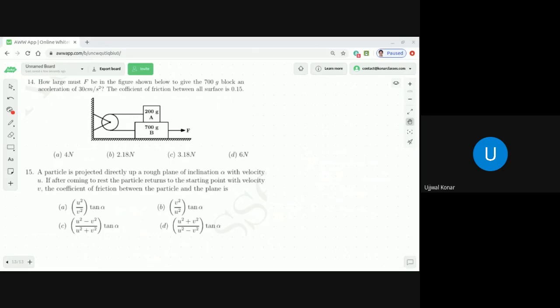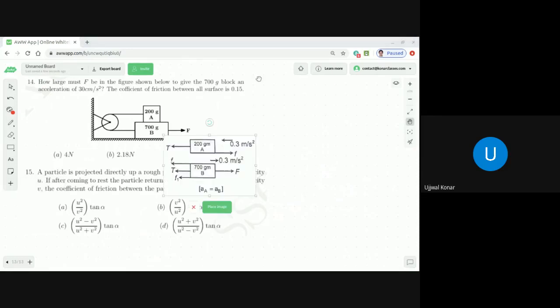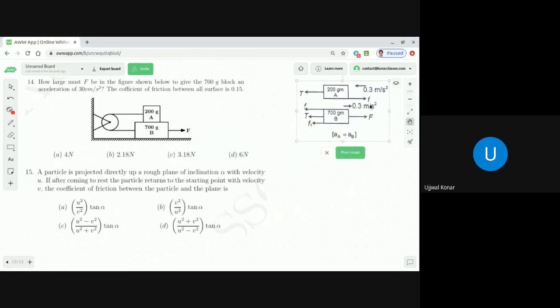So, dear Shrest, let's first draw the diagram. That will help us understand the problem better. So this is what we can draw, right?